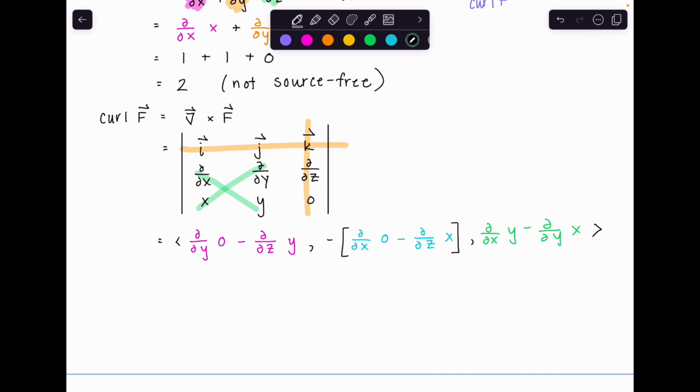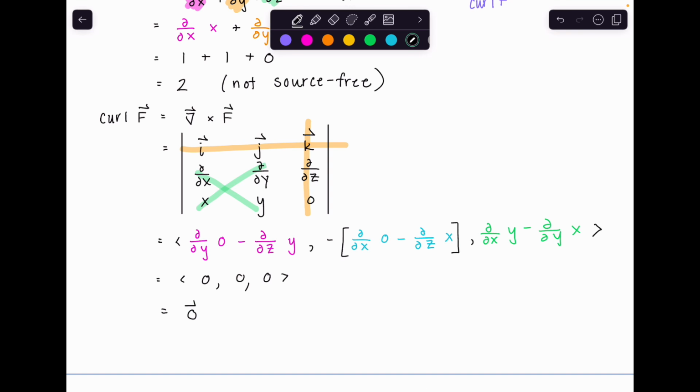Now I go ahead and take these derivatives. Well, that first piece, that's 0, that's 0. So the first piece is 0. Second piece, 0 and 0. So again, a big old 0. And third piece, 0 and 0. So what do you know? Our curl is exactly the 0 vector.